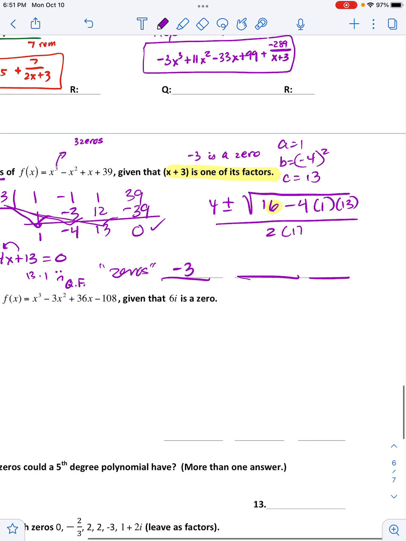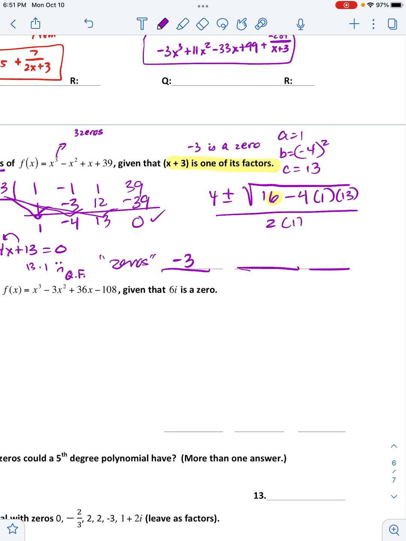So this underneath here is going to turn into a negative 36. So I end up with 4 plus or minus the square root of negative 36 all over 2.